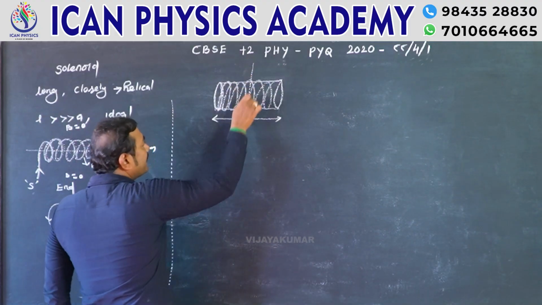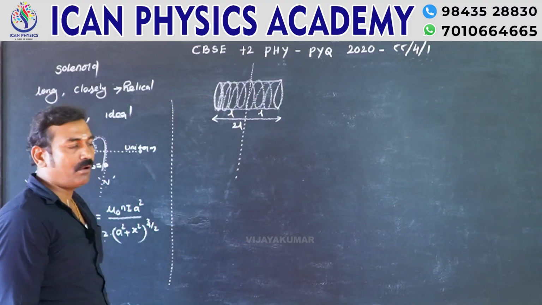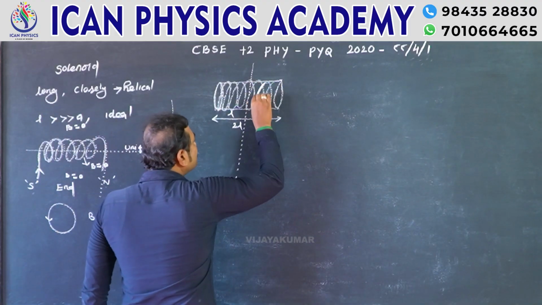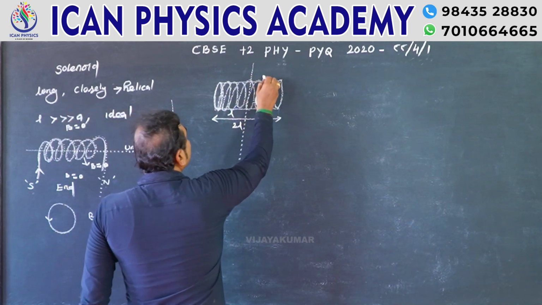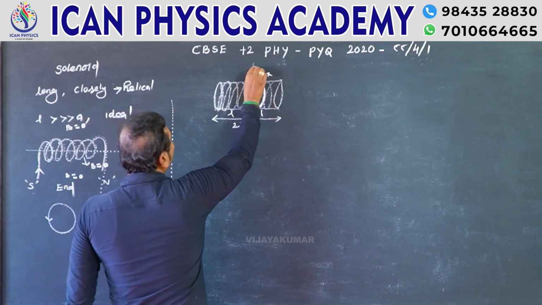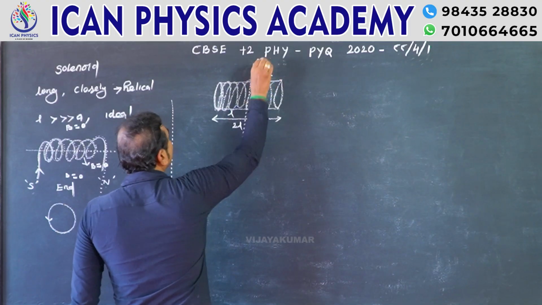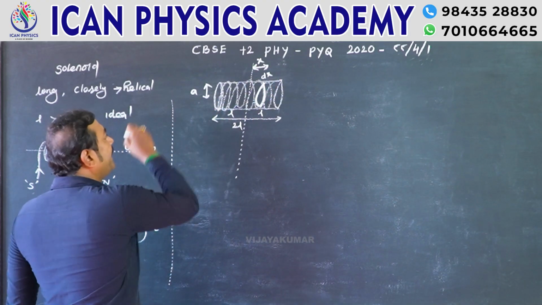So, exactly at the middle, it may be L and it is also L. Okay. So, due to this circular coil, its distance is dx. So, what about the distance from the midpoint? It can be taken as x. The radius of the coil is taken as a.